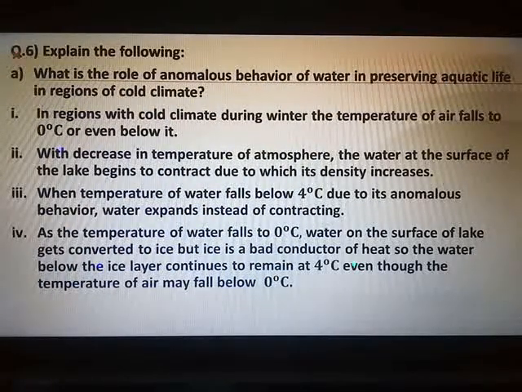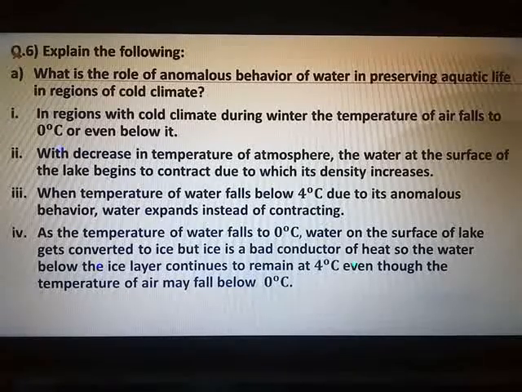And thus this anomalous behavior of water helps in preserving the aquatic life in the regions of cold climate. That should be your concluding statement. Again here, how to apply the topic which you have studied about anomalous behavior of water to what is asked, that presentation is very important, point wise. I hope you have followed this application based question.